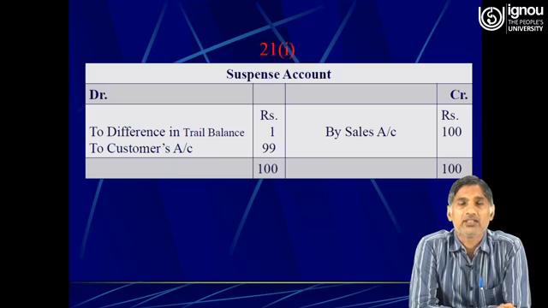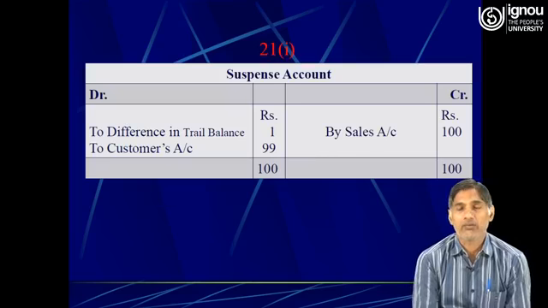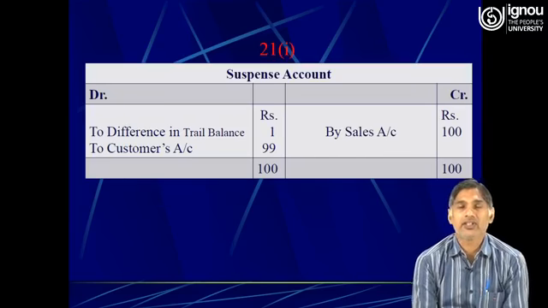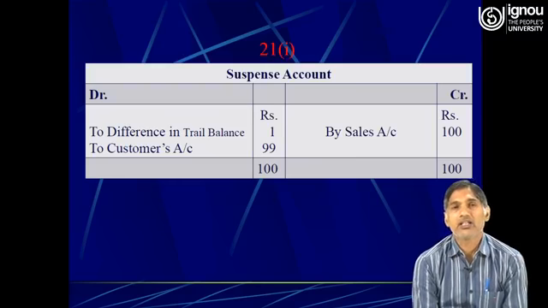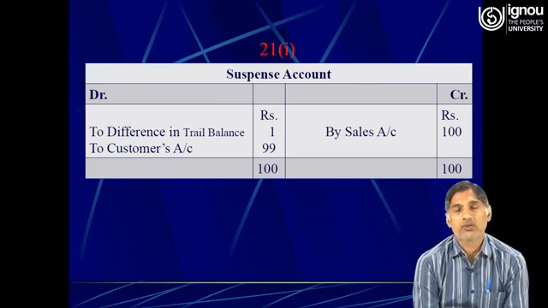But when the errors are located after preparing the trial balance, then we need to rectify the errors with the help of the suspense account. So suspense account generally helps us in order to tally the difference of the trial balance, because we have to prepare the final accounts well in time.